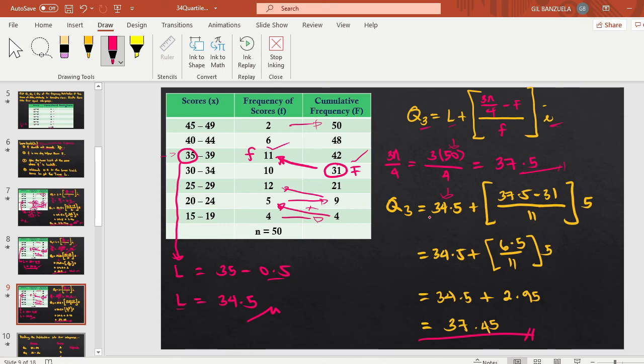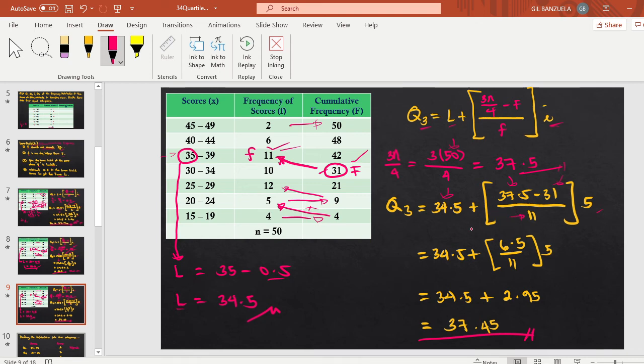So quartile 3 is equal to 34.5 plus a quantity of, again, let's plug in all the values. Your 3n over 4 is 37.5, and your cumulative frequency is 31, all over the frequency where the lower limit is located, 11, and your class interval 5.